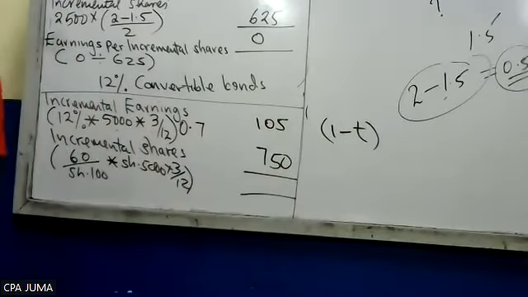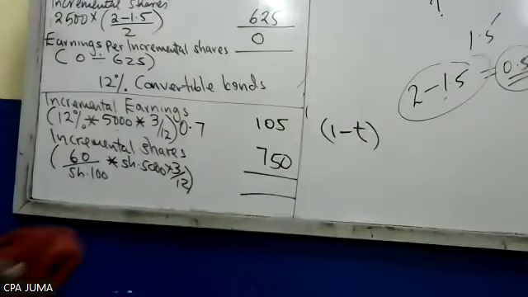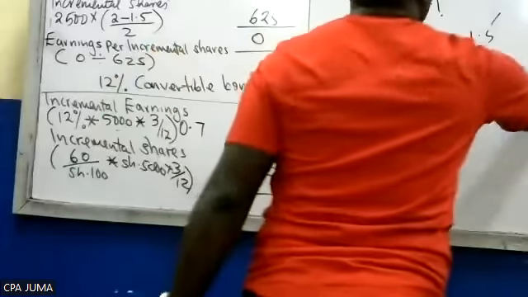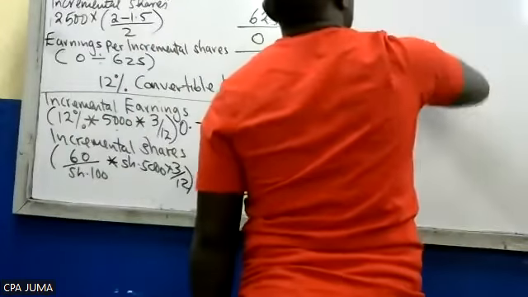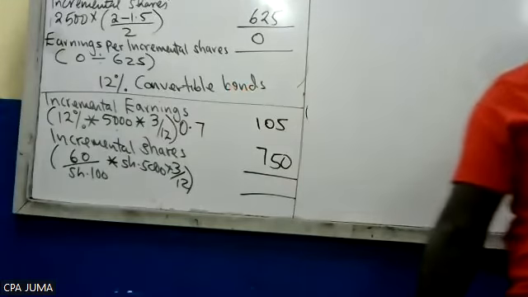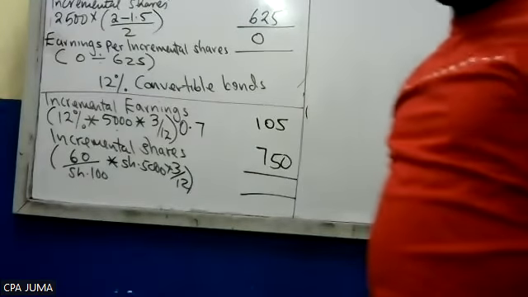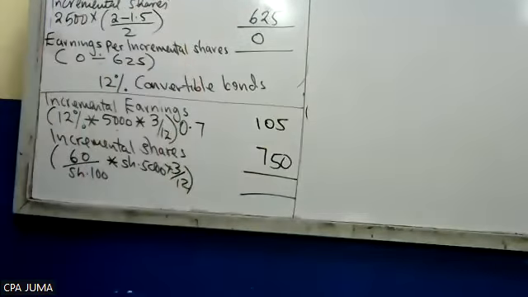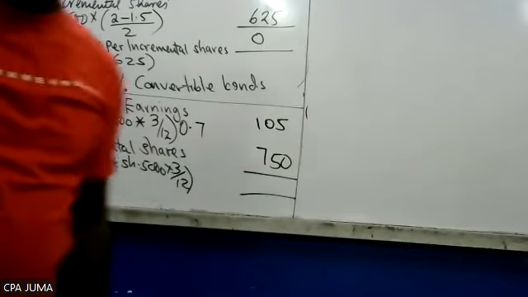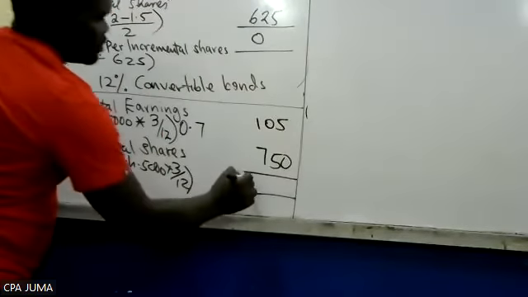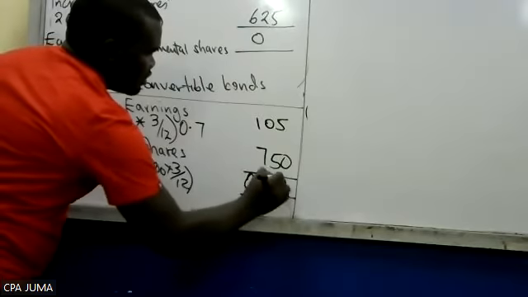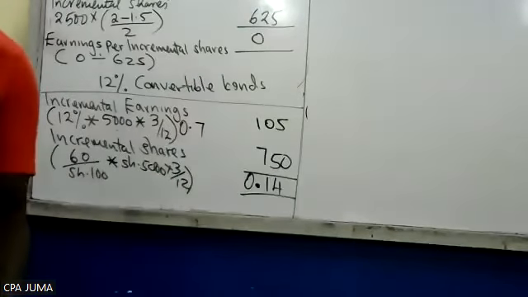Tell me what you are getting. 105 divided by 750, earnings per incremental shares. What do you get? You are getting 0.14.